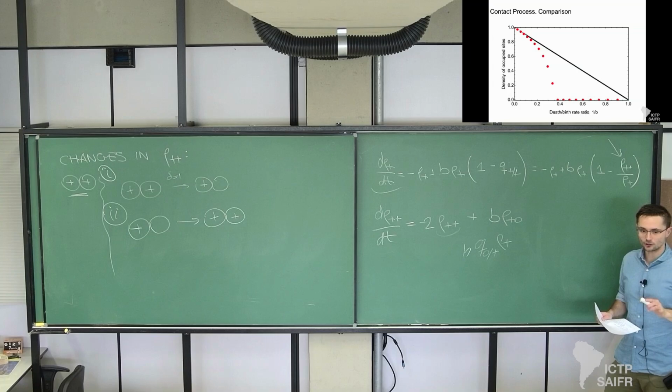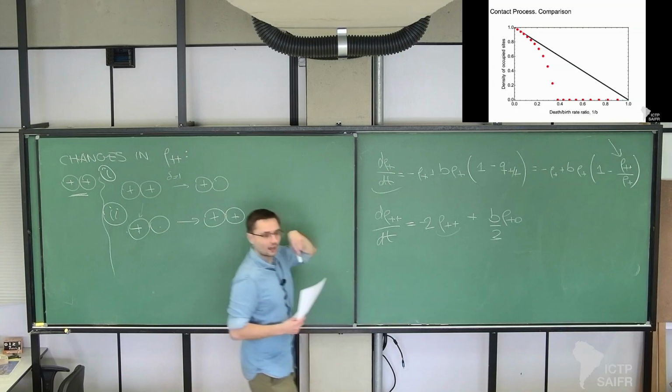But now I have something else, right? When this guy is going to reproduce, she can choose left or right. So it's over 2. And something else? Bruno? Something else?